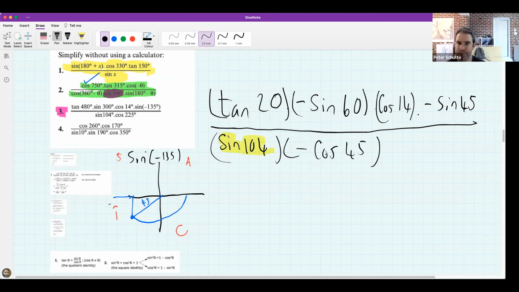Okay. I've put one of the ratios in yellow because I want you to spot something.